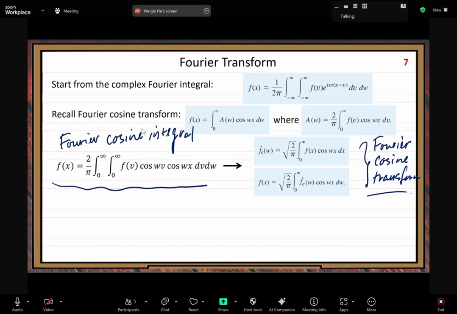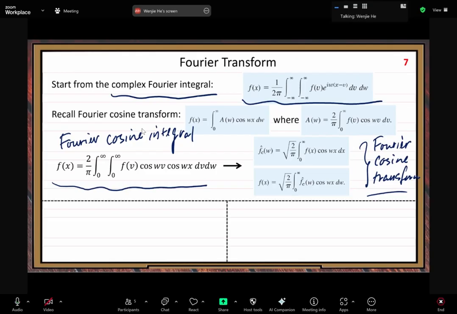Now we want to work on this new complex Fourier integral formula, and we want to get the complex Fourier transform formula. So, Fourier transform.